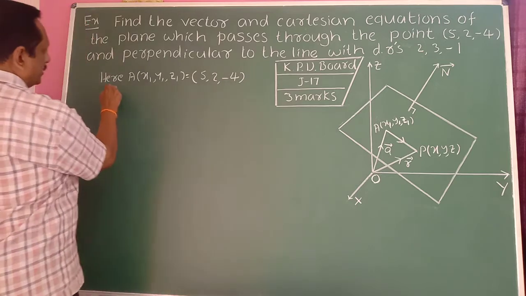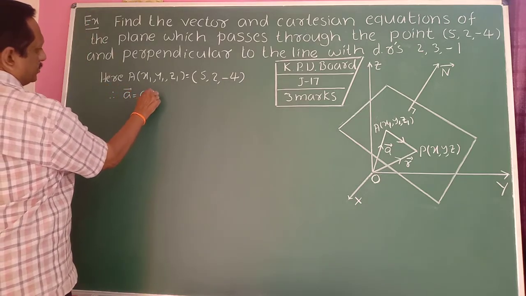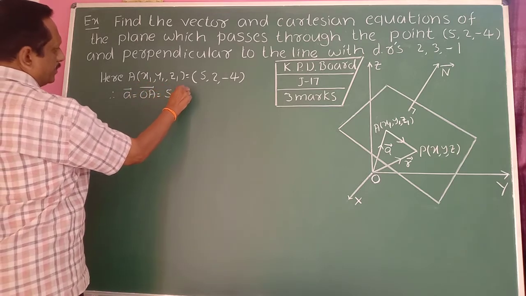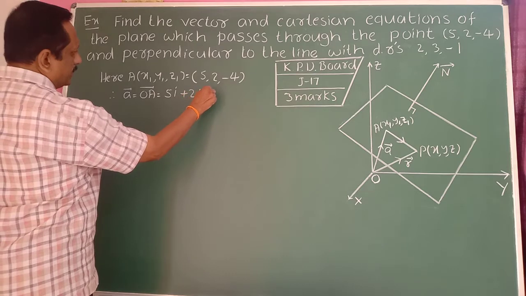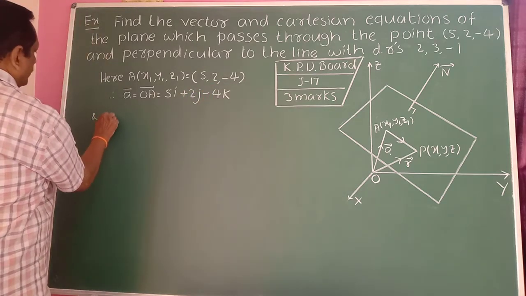Therefore the vector a bar, OA bar, is equal to 5i plus 2j minus 4k.